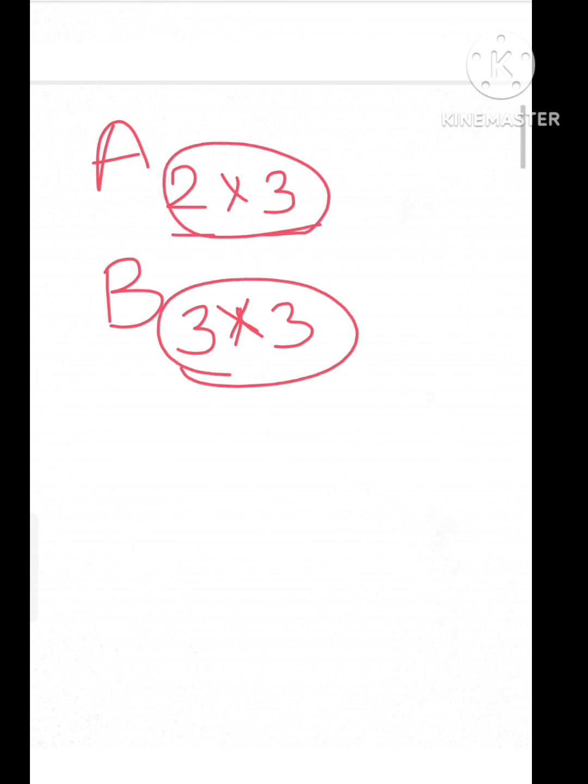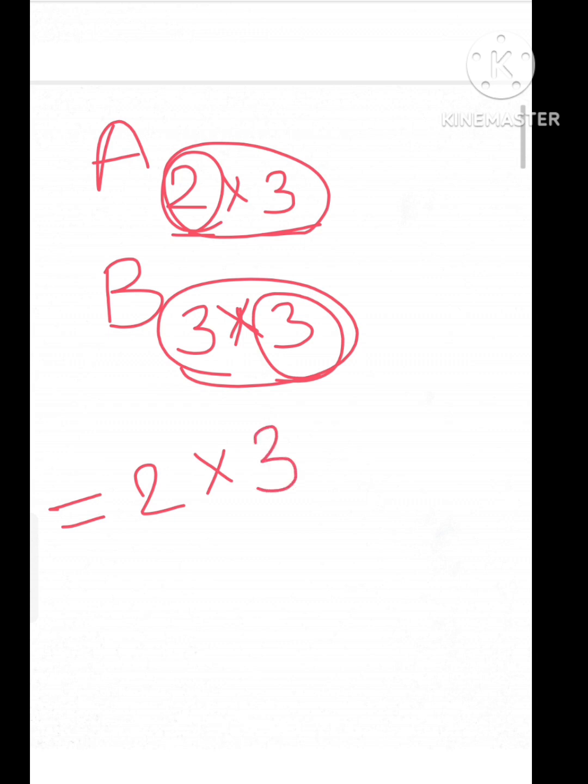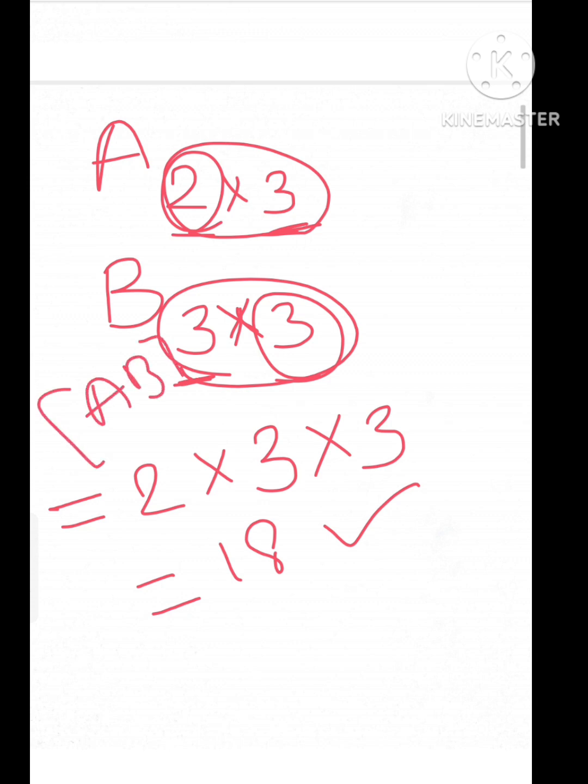If they ask the number of multiplications, the formula is the number of rows in A, the number of columns in B, and the common dimension, 3 by 3. So 3 threes are 9, 9 twos are 18. So 18 is the number of multiplications in A into B.